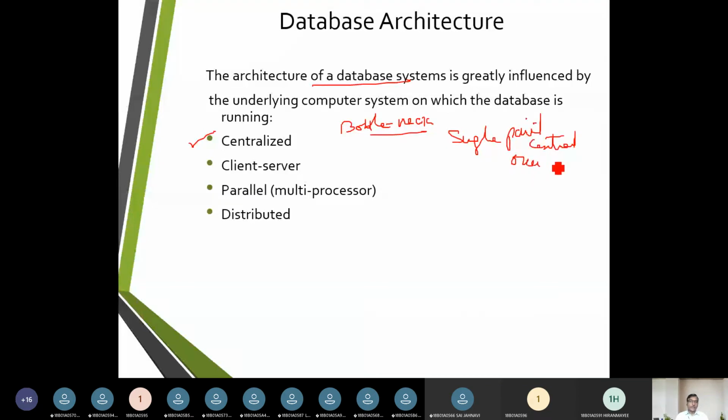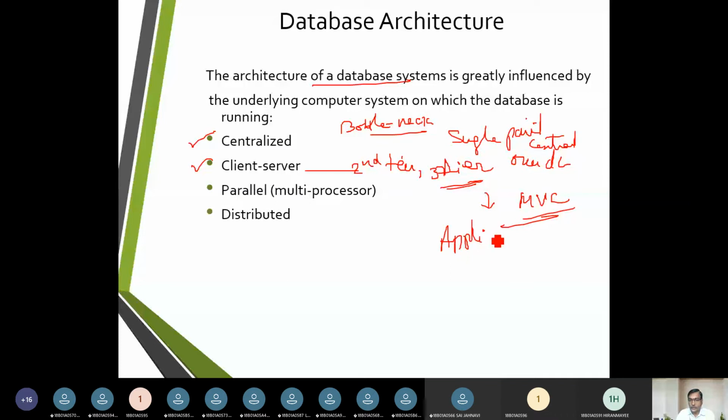And then there is the client server architecture. It can be a 2-tier or a 3-tier architecture. When it is a 3-tier architecture, it supports a model view controller, where we have an application server and a database server, and both of them are separated.